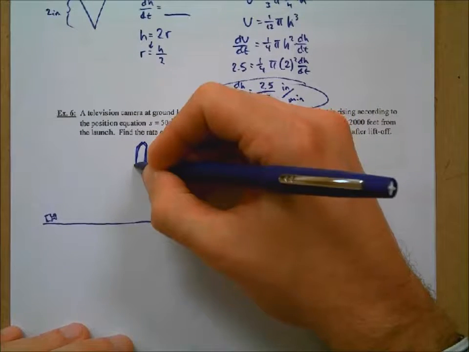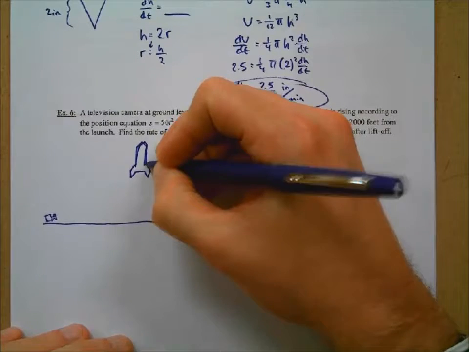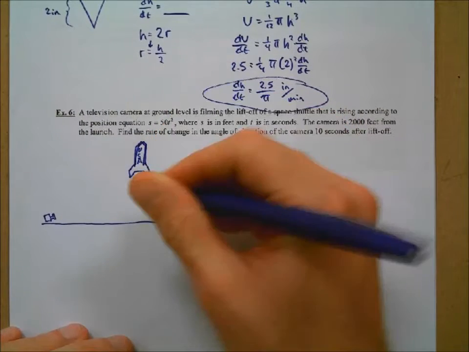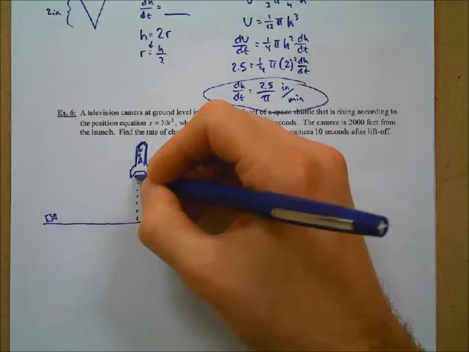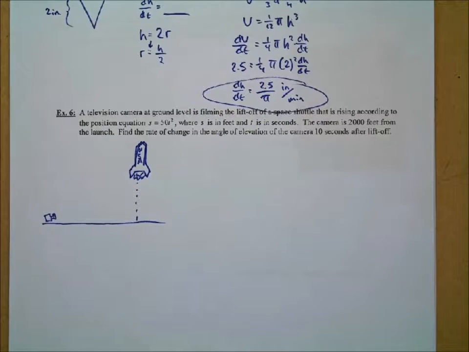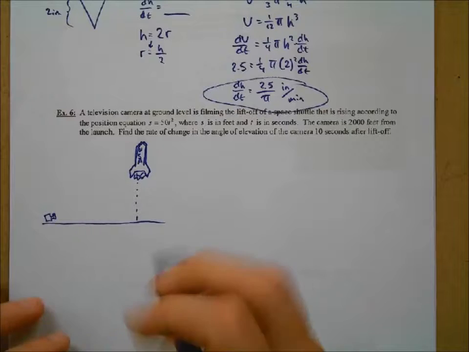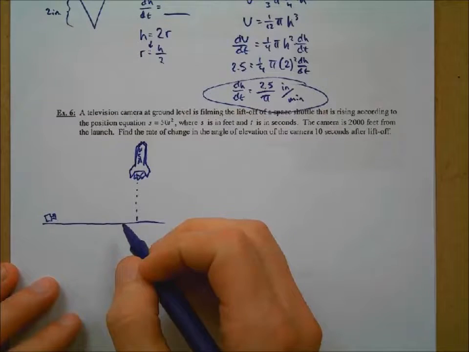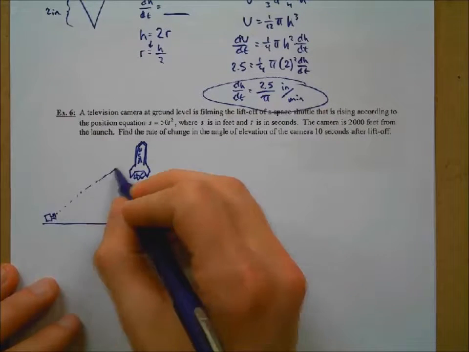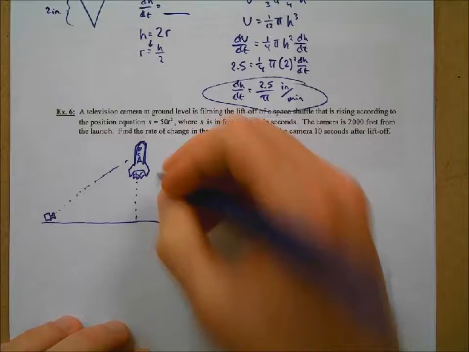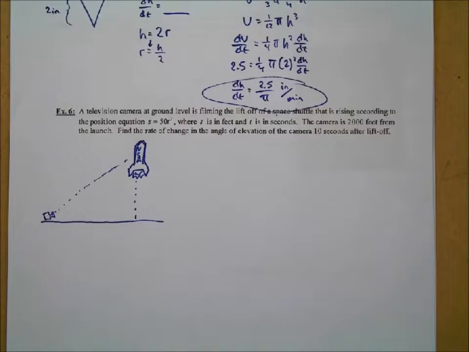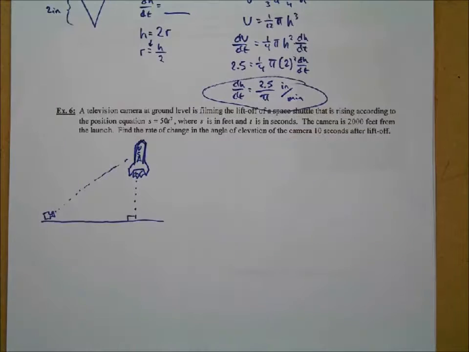Okay, a little rocket ship, USA. I guess I should give it some flames too, because that's what they do. And so the camera is filming the space shuttle. Okay. The space shuttle is rising according to, so there's our situation. We're assuming it's taking off perpendicular to the ground there.